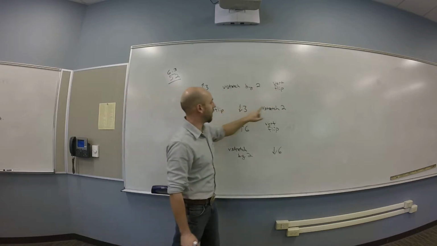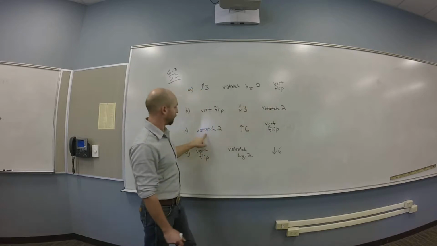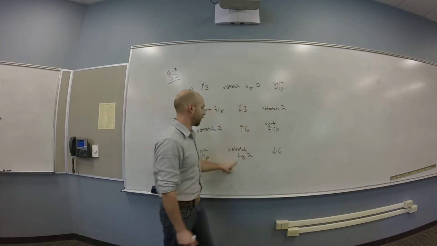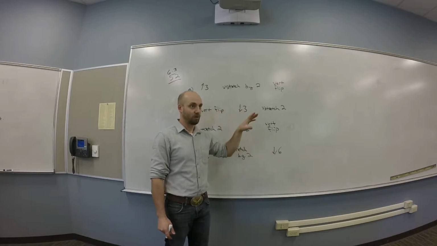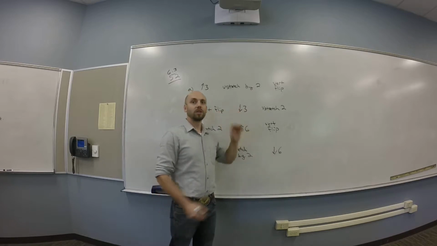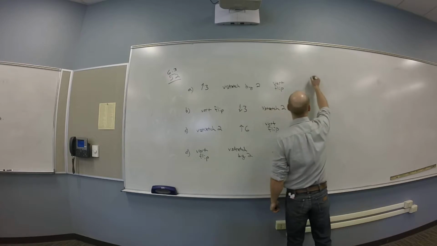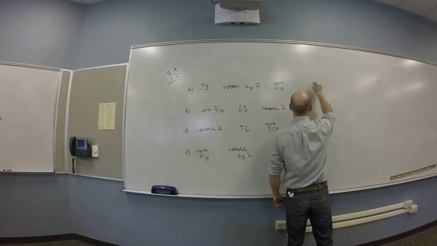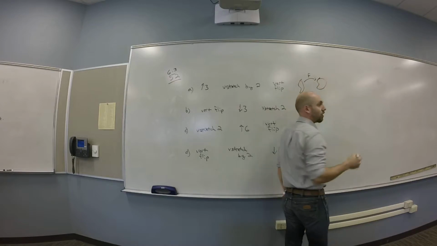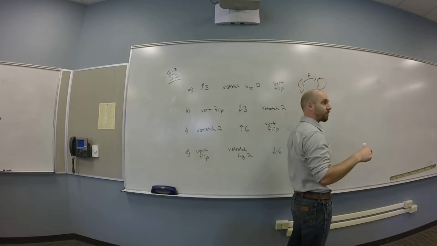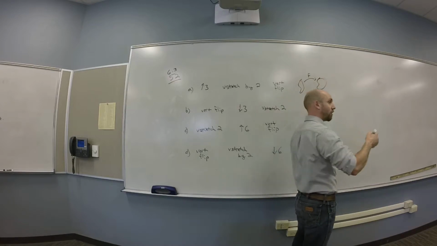Vertical flip, down, vertical stretch. Everything is vertical, so it's all after the rule, right? So really, I don't care what happened beforehand. Like I might have some function f, but all the interesting stuff that I'm talking about is happening after that rule.